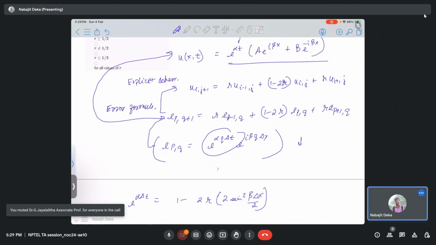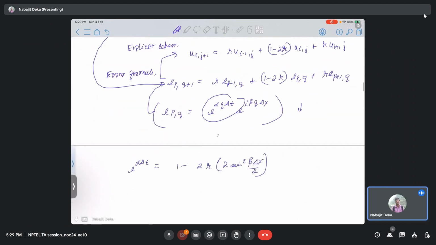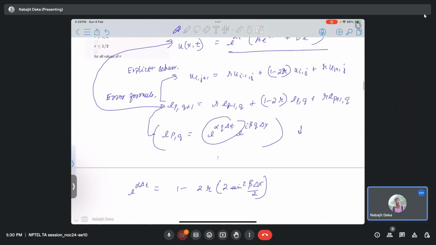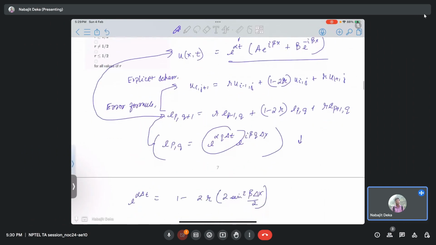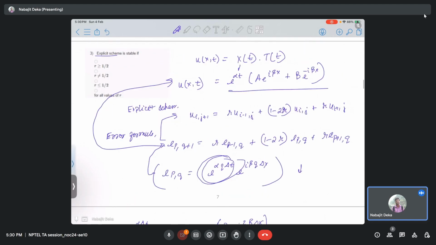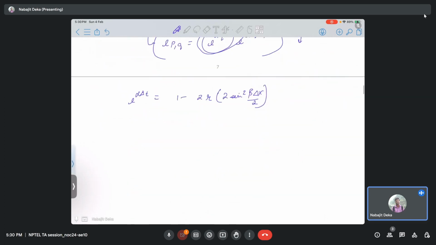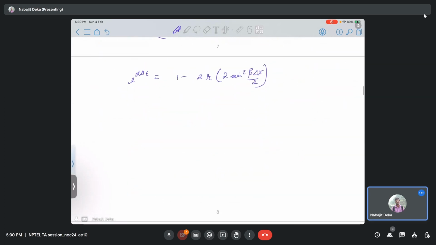Okay. So now we want this stability. What does stability mean? The error should die down, so for that this term has to be less than one, and then only the error will not propagate further.